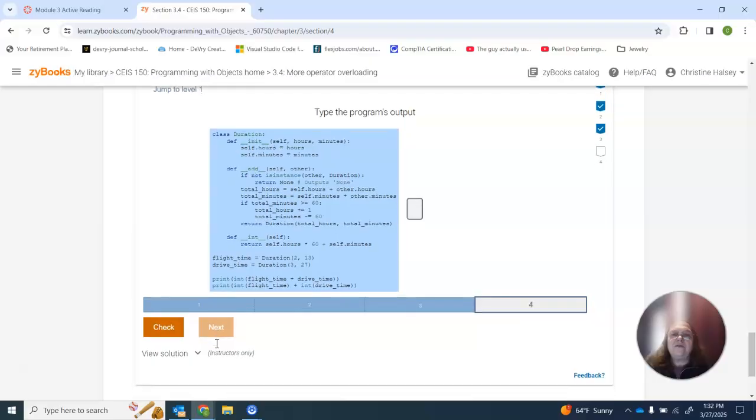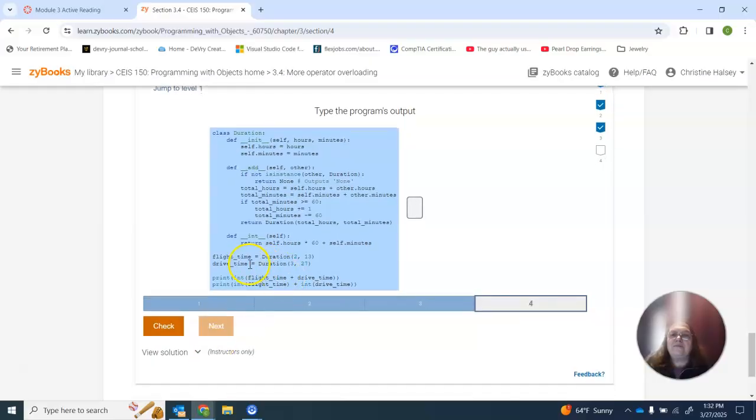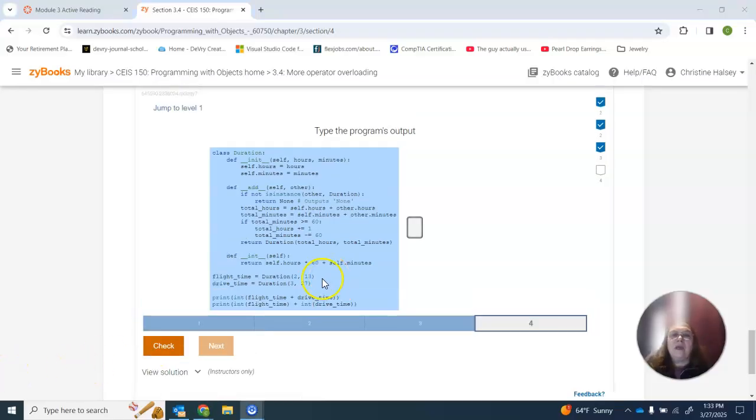Alright, next here we have flight time and drive time. Both of those are set as a duration. We're going to convert that to an integer, so flight time plus drive time. Okay, so I have 13 and 27 is going to give me 5 hours and 50 minutes.